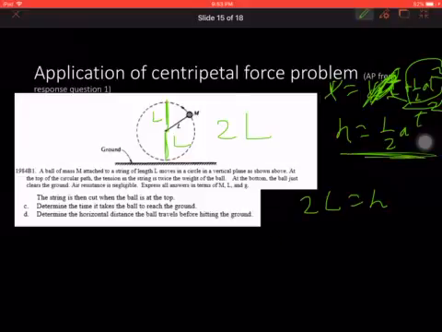So we know H, 2L, equals half G T squared.